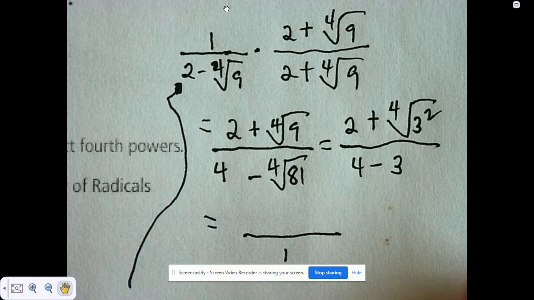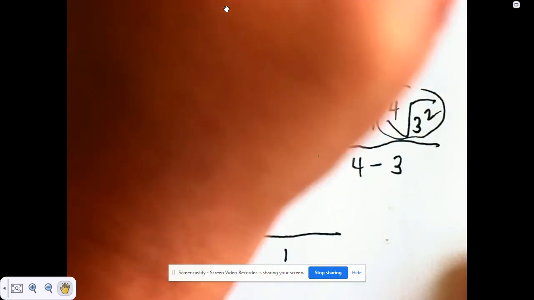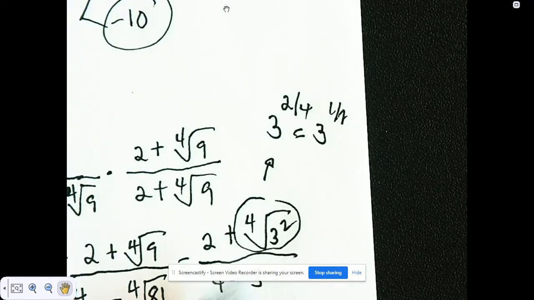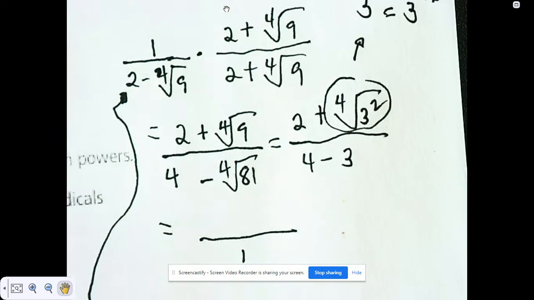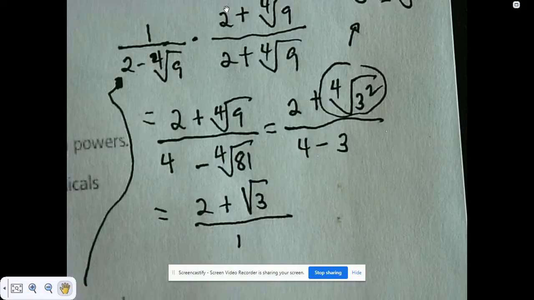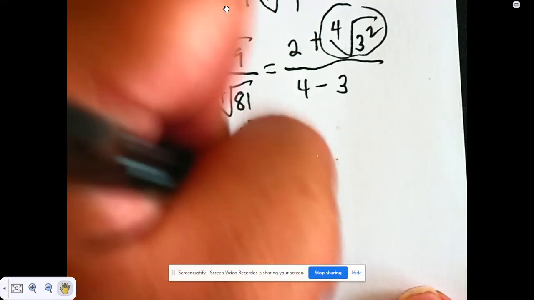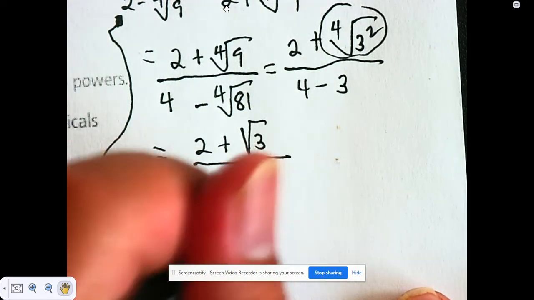The numerator is 2 plus the square root of 3. If I divide this by 1, the answer is just simply 2 plus the square root of 3, which is my final answer.